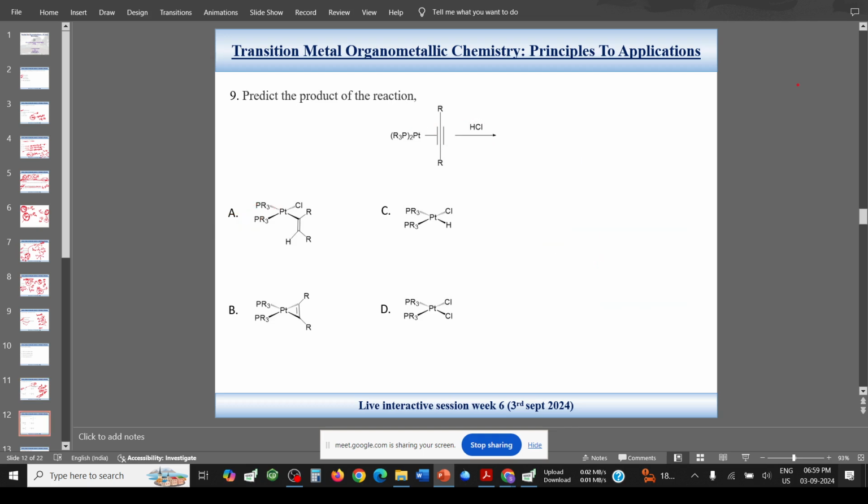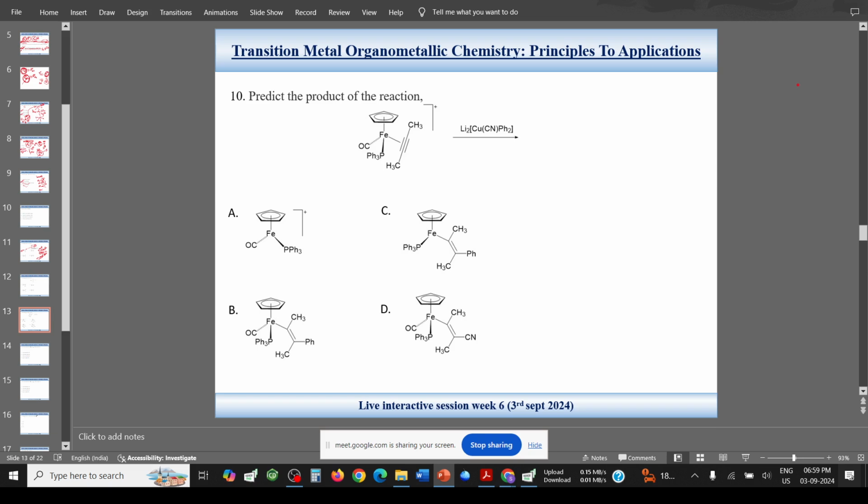Okay, the next question is question number 10. It is somehow the same as the previous one, just the reagent and reactant are different.